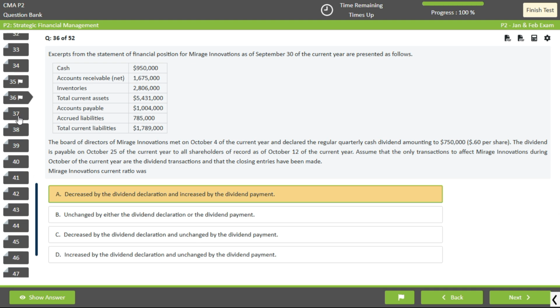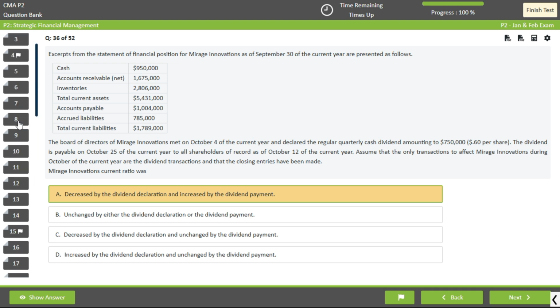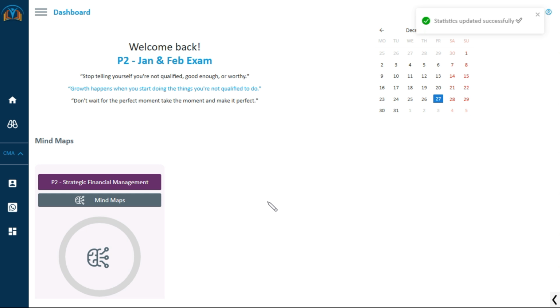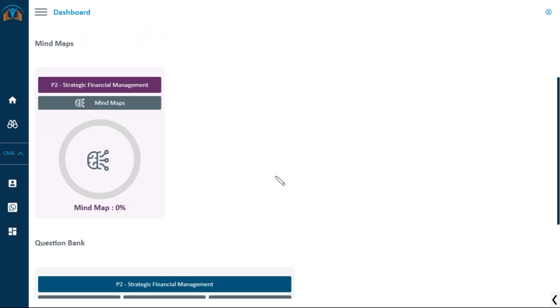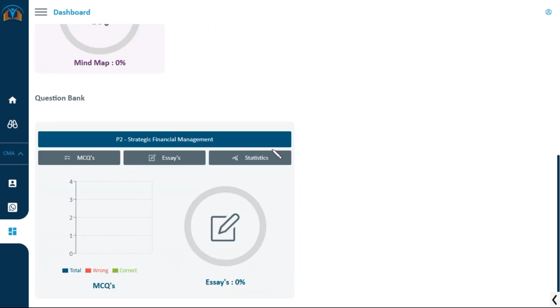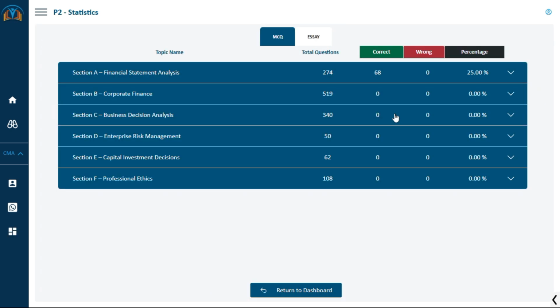So we have completed around 52 MCQs. Let us finish our test. We are standing at 100%. Let us return to the dashboard and go to the statistics section.